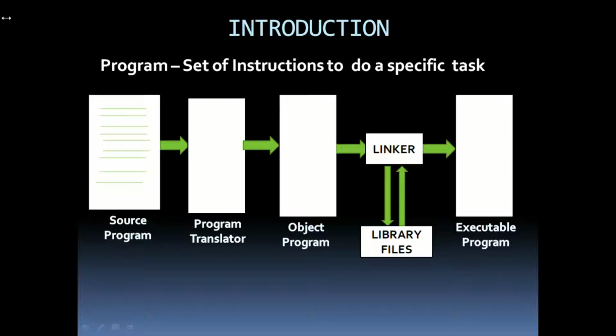Linker will call the essential library files where the codes have already been written, and those codes will execute, and after execution of these codes, it will create an exe file, or an executable file. These executable files have to be executed, has to be run.